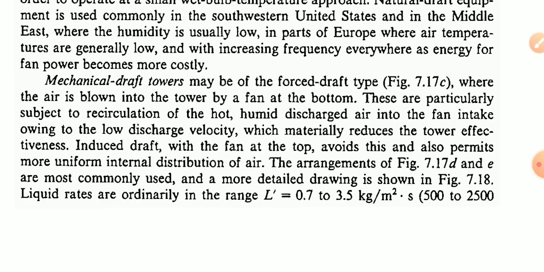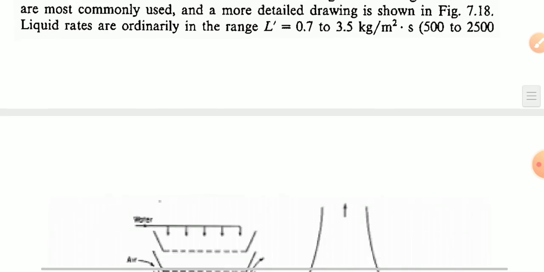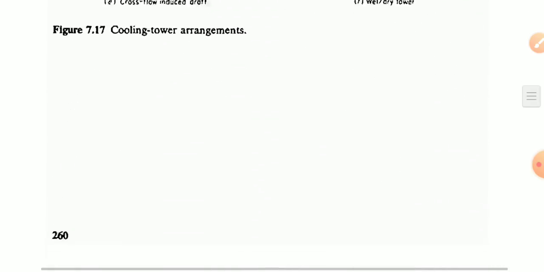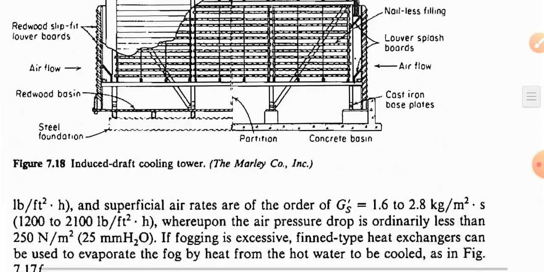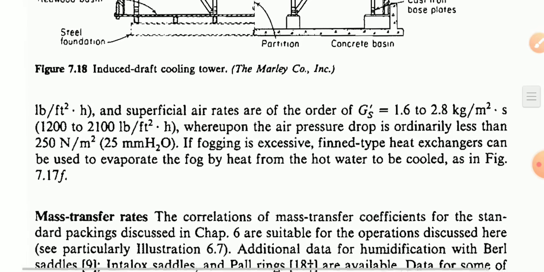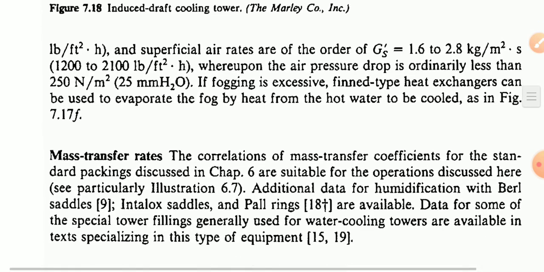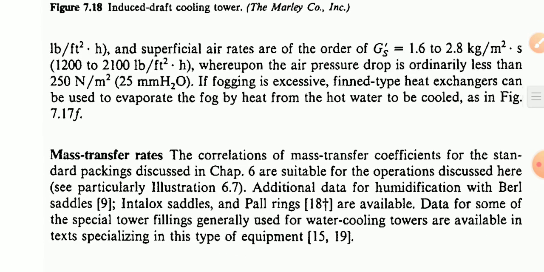Liquid rates are ordinarily in this range: L' = 0.7 to 3.5 kilogram per meter square per second, and 500 to 5000 lb per feet square per hour.